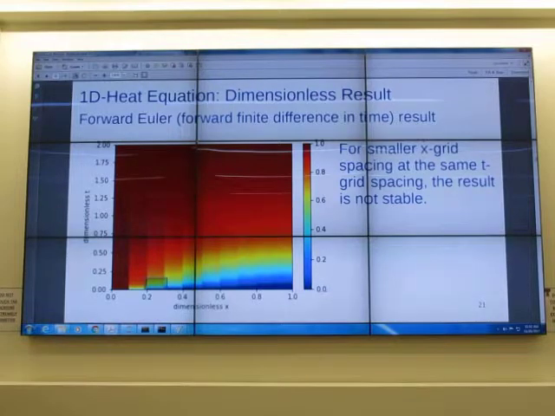If you want the final solution on X, let's say you want 10 times finer in X, you must do 100 times finer in T. So if you want a 10 times smaller grid to make your answer more accurate, you end up moving 100 times slower. You cannot cheat, right?